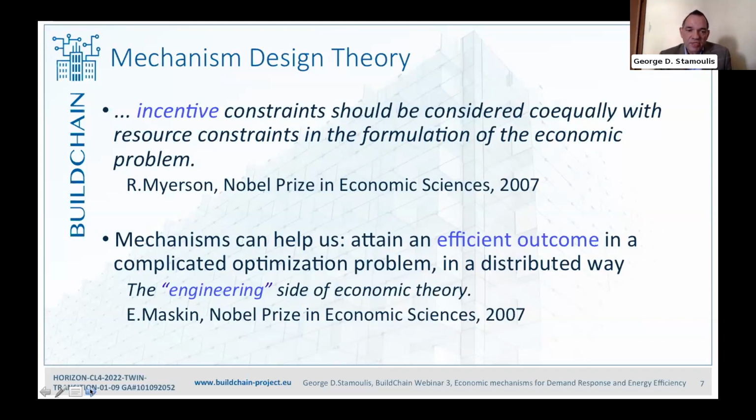And in some sense, this is the engineering side of economic theory. Some people refer to mechanism design as reverse game theory. That is, when we know the rules of a game, we have to find what the outcome will be. In mechanism design, we know what outcome we want, and we are looking for the rules of the game.